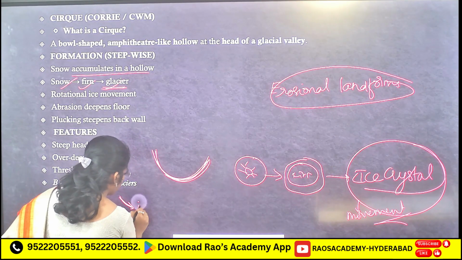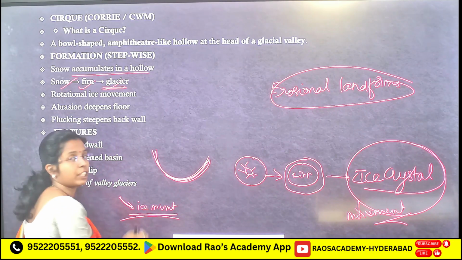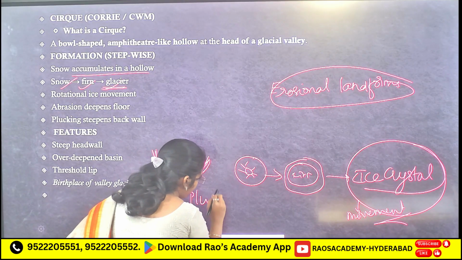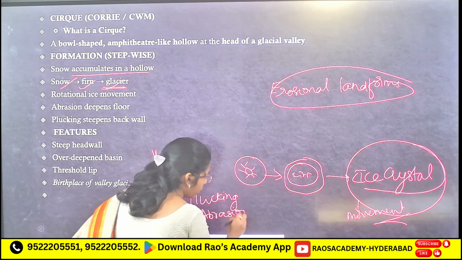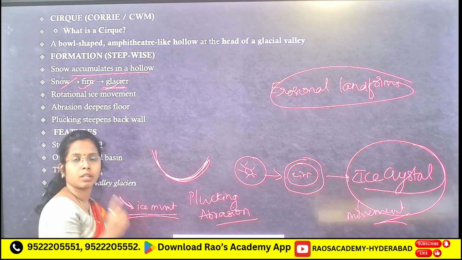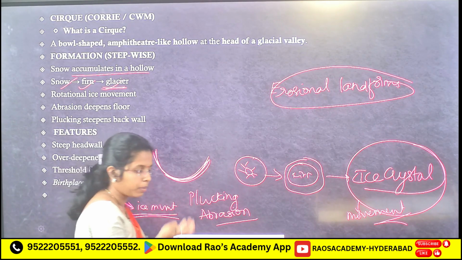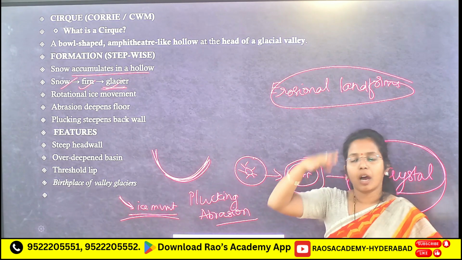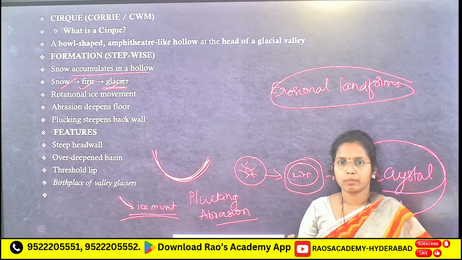After glacier formation, ice movement you will see, and this glacier plucks and abrades. Plucking means the glacier, that ice body, plucks the sand or rock particles or load from that mountain.